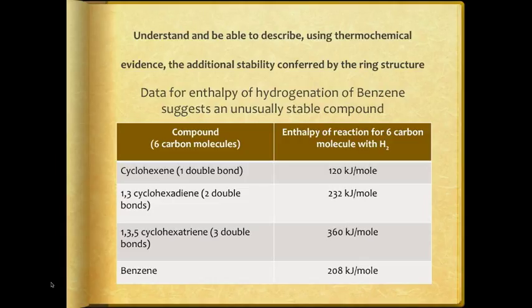Its enthalpy of reaction is 120 kilojoules a mole. 1,3-cyclohexadiene is 232 kilojoules a mole. 1,3,5-cyclohexatriene is 316, and benzene is a minus 208 kilojoules per mole. So you can see that something must be going on with those pi bonds in order to create such a low enthalpy of reaction.